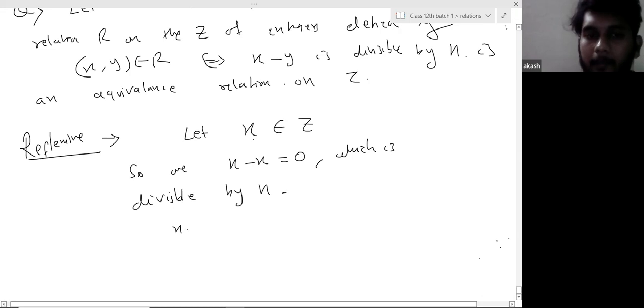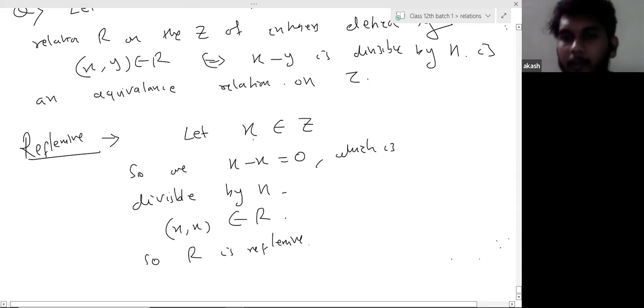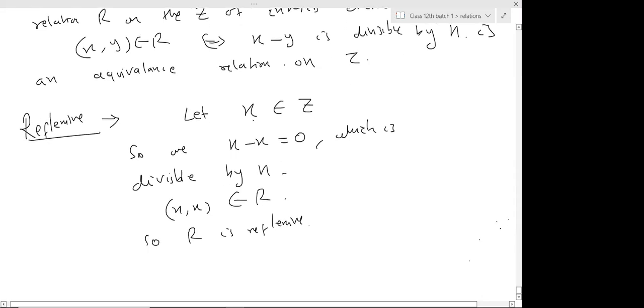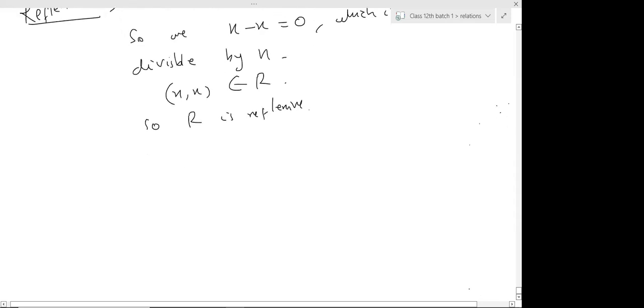So we can say (x, x) belongs to R. So R is reflexive. This is very easy. Everyone, this is clear? Yes, sir.